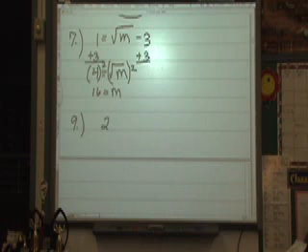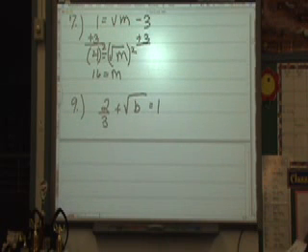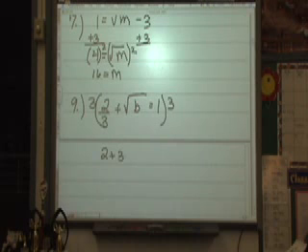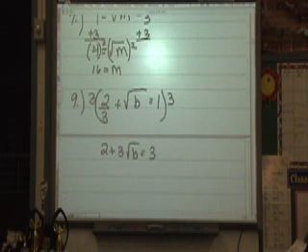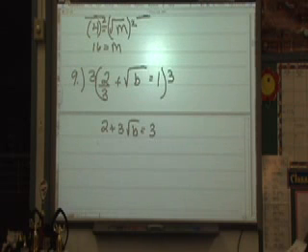9. 2/3 plus the square root of b equals 1. We can eliminate the fractions by multiplying everything by 3. So we get 2 plus 3 radical b equals 3. Isolate the radicand, so subtract 2.